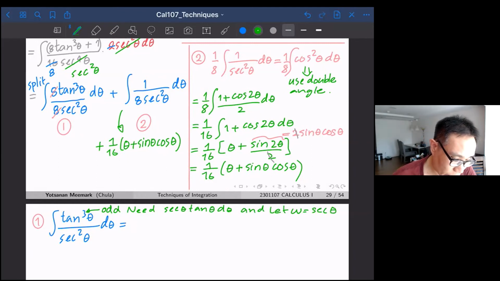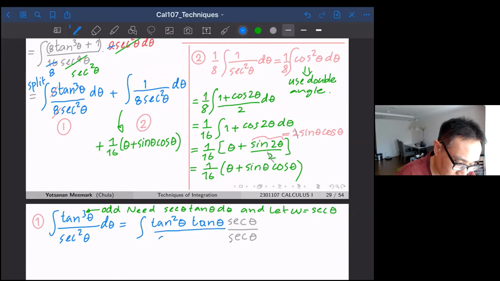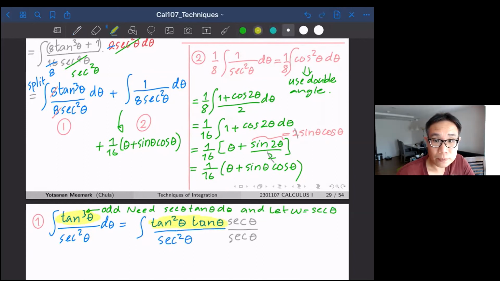So for this one, you write tan cubed as tan square times tan theta, and you need sec tan, so you multiply sec on top, multiply sec on the bottom, and you still have one secant square on the bottom. This is the yellow one, and the d theta is still d theta.